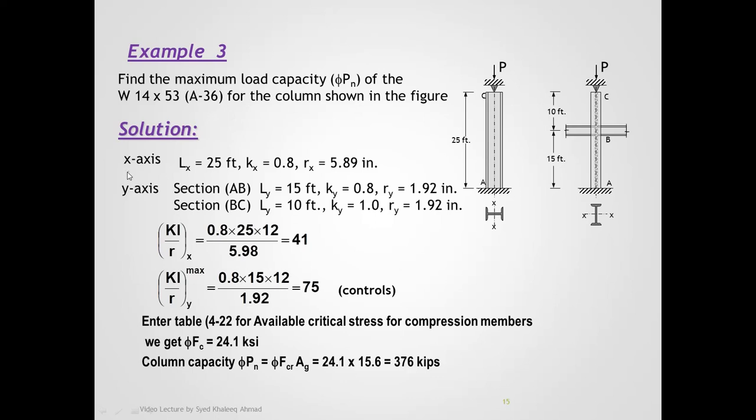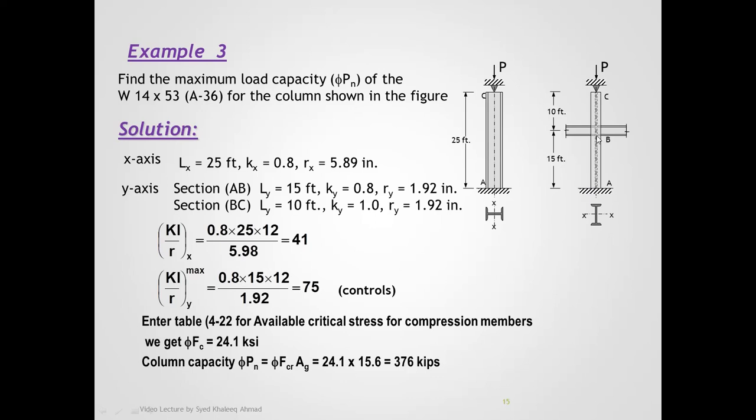We look at the x-axis: Lx will be 25, the whole length, but Kx will be taken as 0.8 because one end is fixed and the other one is pinned. The value of rx will be taken from the steel sections table, which comes out to be 5.89. Then we go for the y-axis. There are two parts for this case.